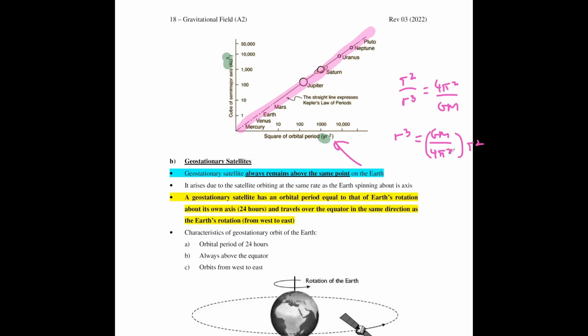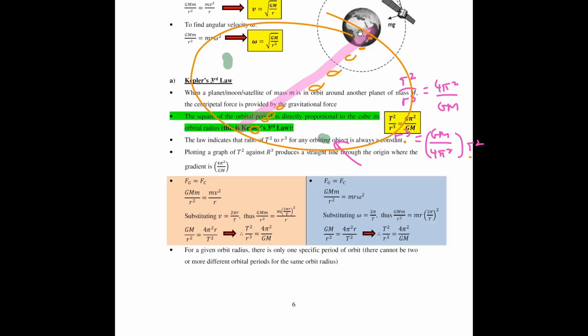They are applying Kepler's third law for all the different planets that orbit around the sun. So from there, they produce this graph, where they plot a graph of the orbital radius cubed against the orbital period squared. Now, when you see this graph in your question, usually you are asked to find the gradient.